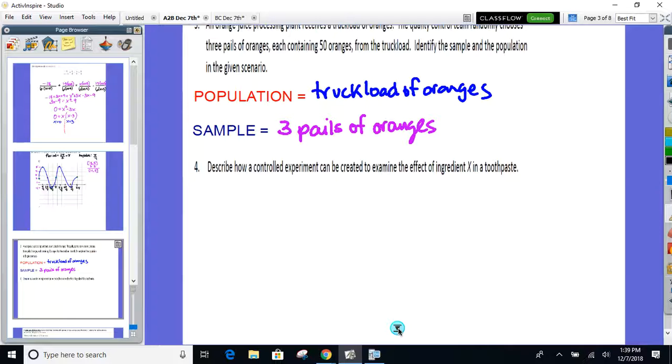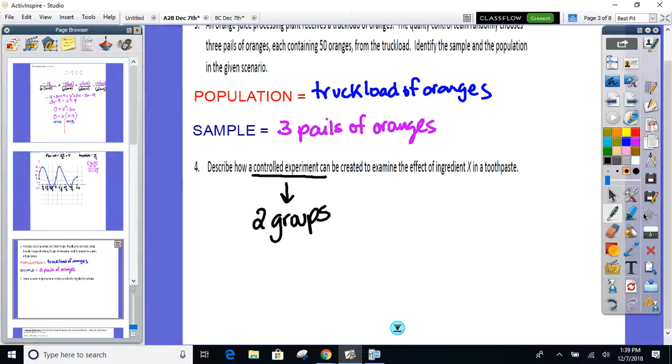You can be as creative as you want, but because it says controlled experiment, make sure somewhere in your creativity you have 2 groups, one getting the treatment, the other does not. So one gets ingredient X and the other gets Colgate, Crest, whatever you want, bubblegum flavored, whatever. Or you can go frozen toothpaste, like it's all around my house, because that's what happens when you have 2 young girls. Not actually frozen in the freezer, like let it go, all right?